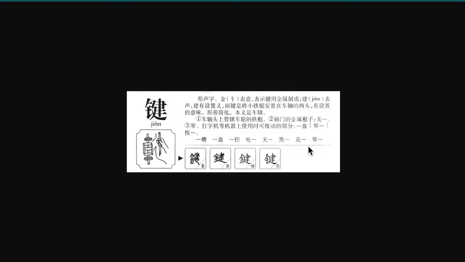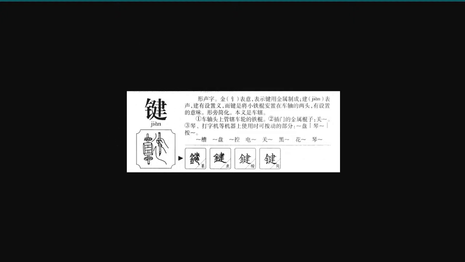You can see this is a small device used to lock things up, to make things operate. I think it has a sense of build, establish, that type of thing. That's why they use this character to represent the meaning.